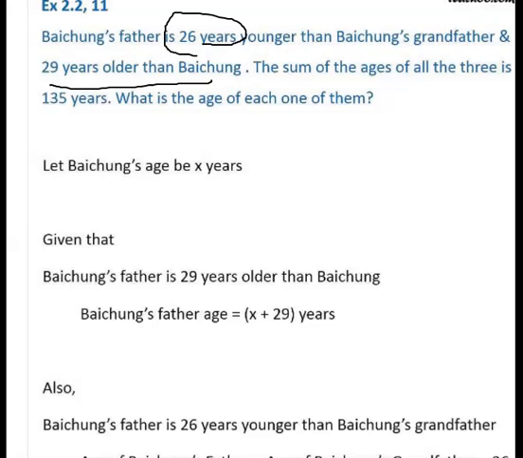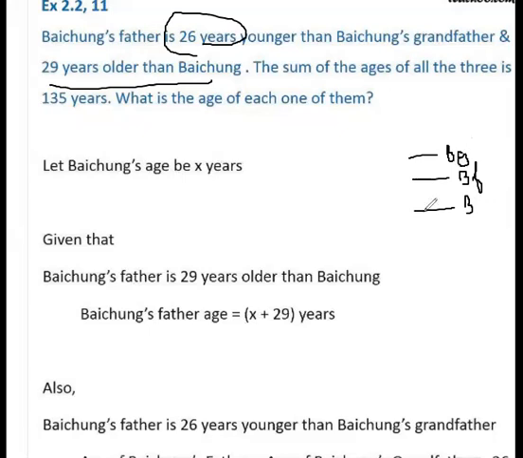Now, what this basically means is that you have three people. Who are these three people? First is Bachung, then Bachung's father, then Bachung's grandfather. So you have three generations right here.